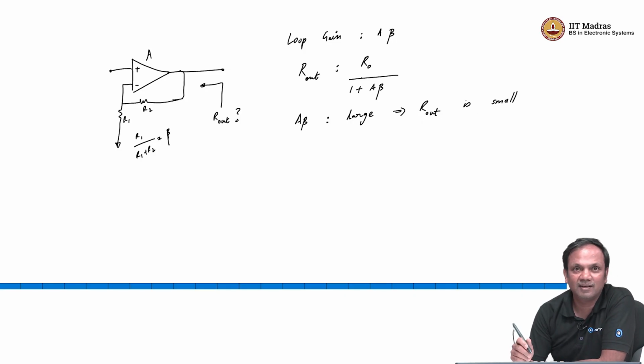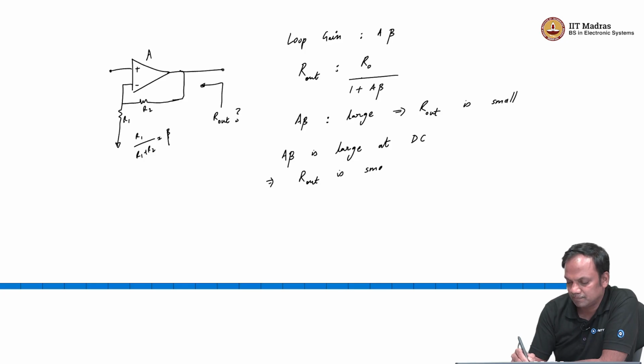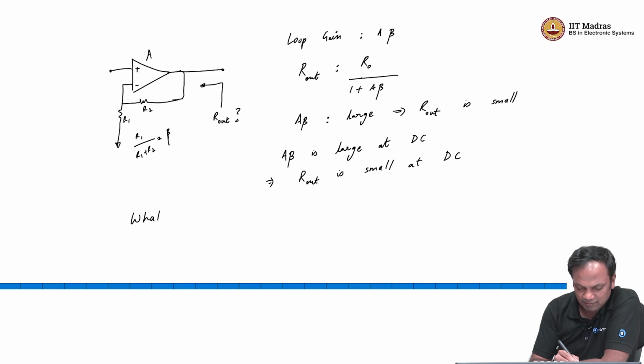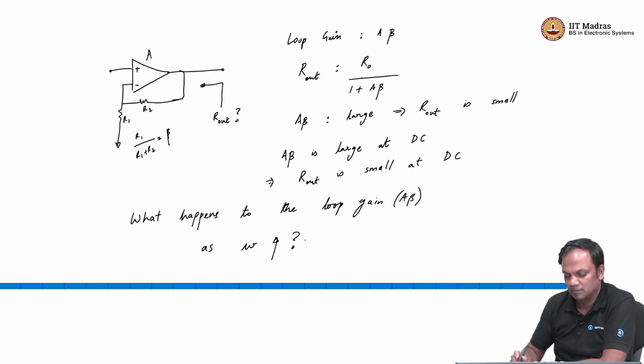Now, this is fine at DC. What you have to recognize is the loop gain is large at DC, which means that R out is small at DC. What happens to the loop gain as omega increases?